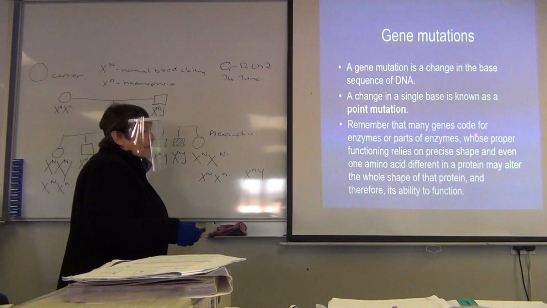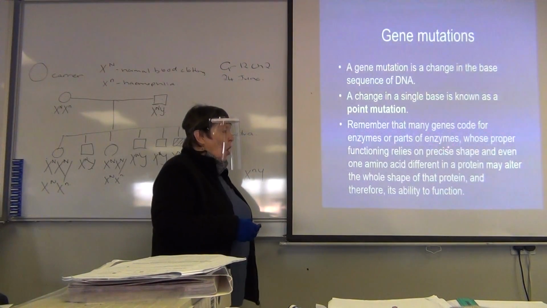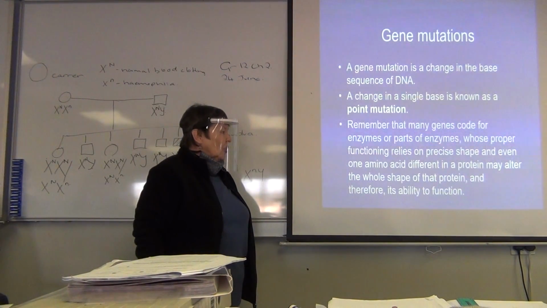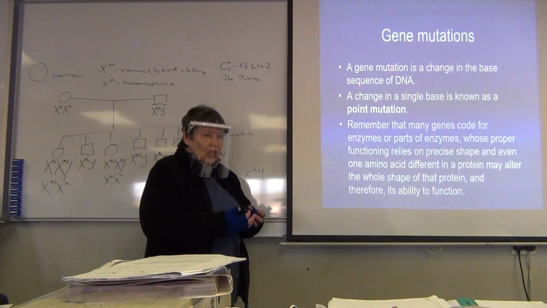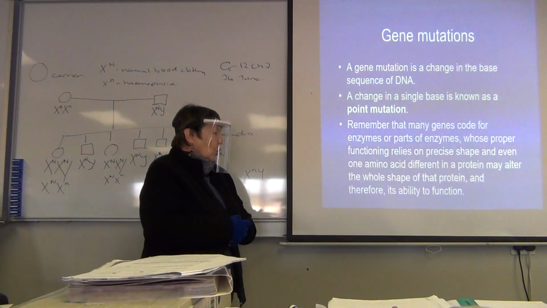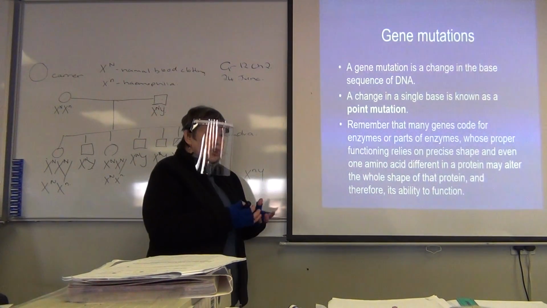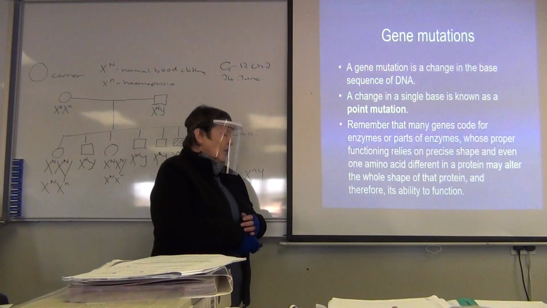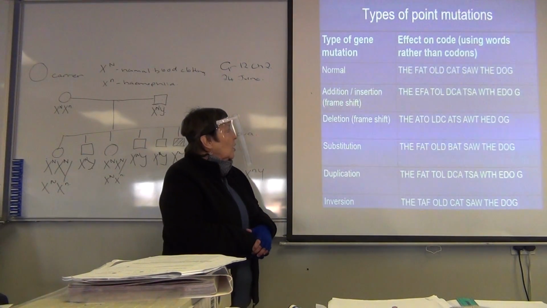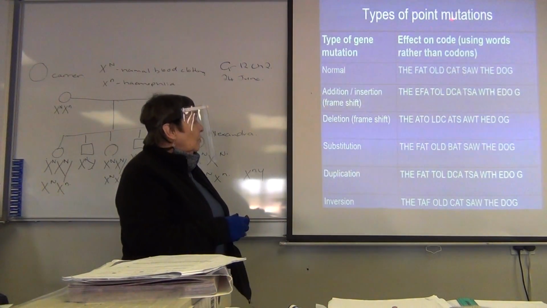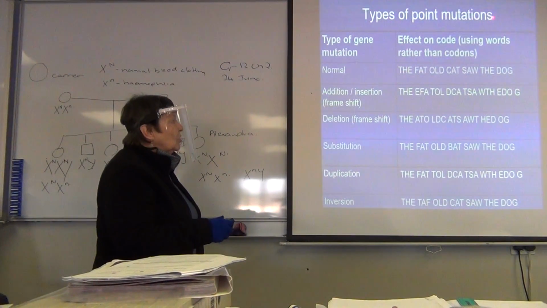So remember that many genes code for enzymes or parts of enzymes whose proper functioning relies on their precise shape to be able to work, and even having one amino acid different in a protein may alter the whole shape of that protein and its ability to function. So you've got to know the various types of point mutations.